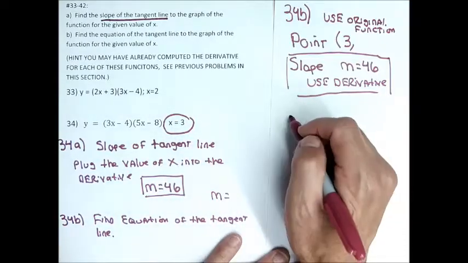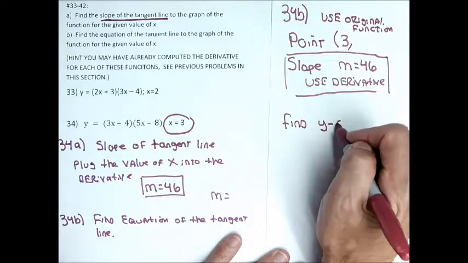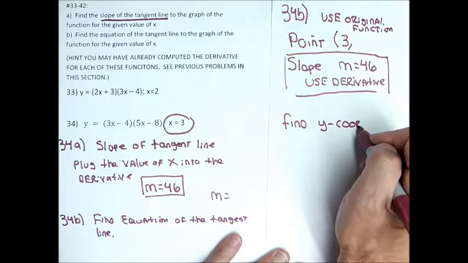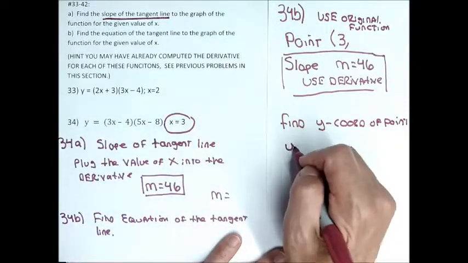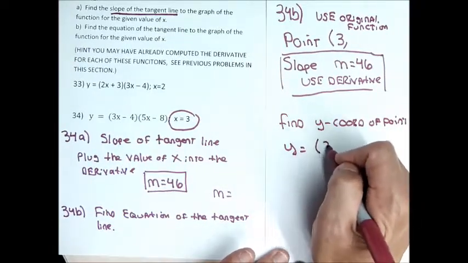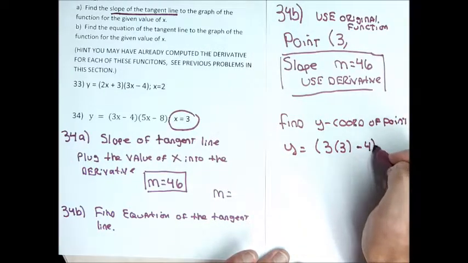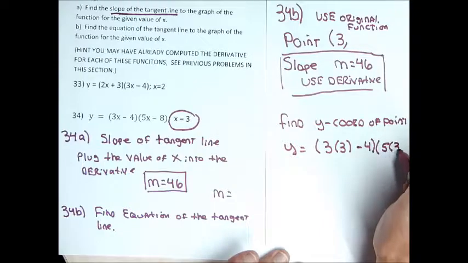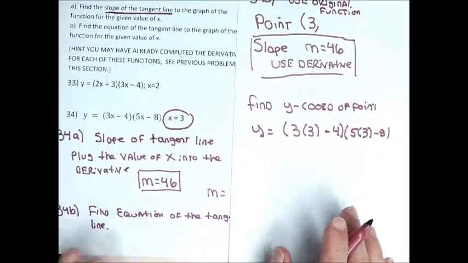So now, to finish up problem 34, I'm going to find the y coordinate of the point by using the original function and the value of x that's given. So I'm taking the two x's that are in the original function and plugging in 3 for them.